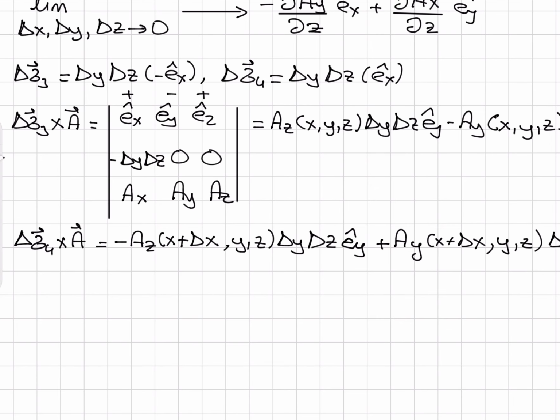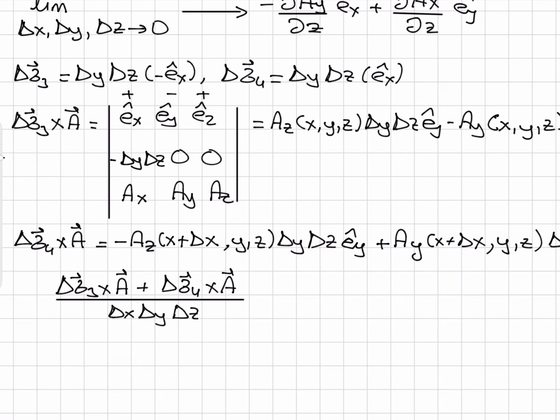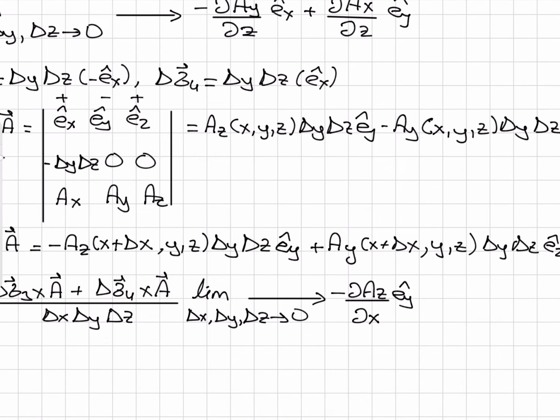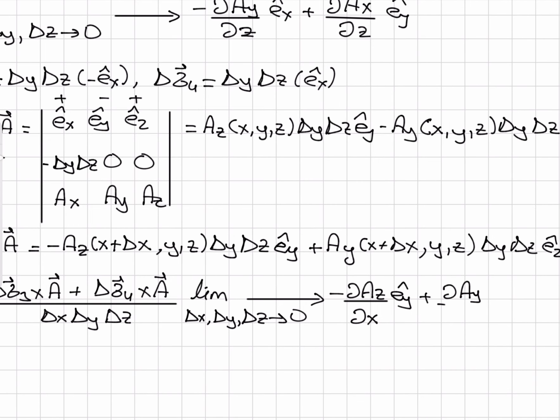So putting this together, delta sigma 3 cross A plus delta sigma 4 cross A divided by delta x, delta y, delta z, in the limit delta x, delta y, and delta z go to 0, is going to be minus del Az del x in ey hat direction, and plus del Ay del x in ez hat direction.